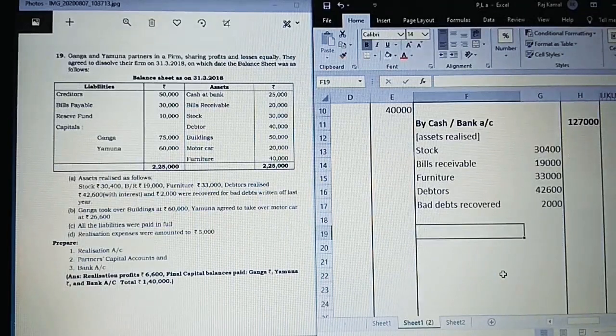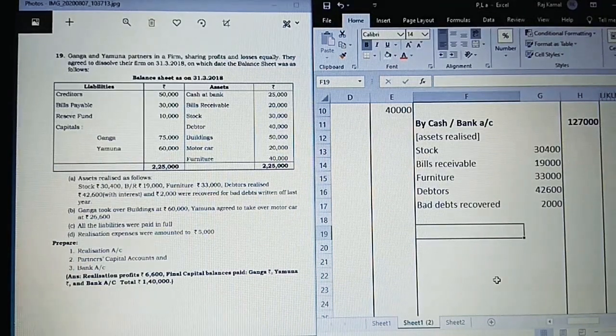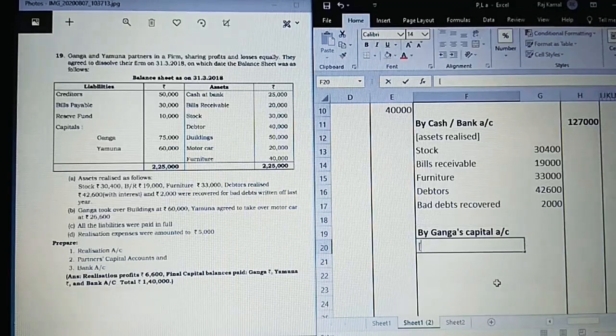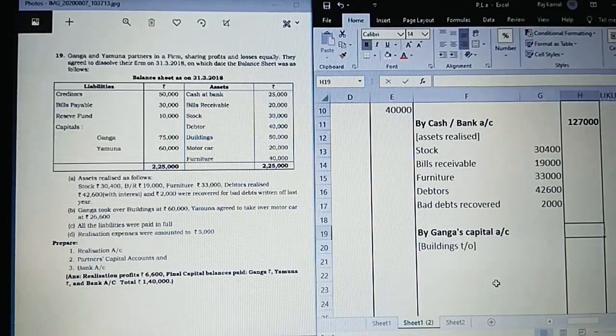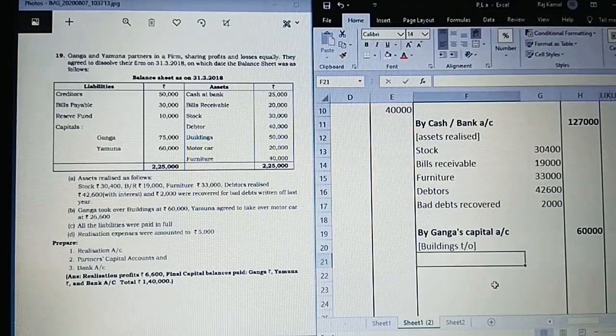Next, second adjustment. Now the partners have taken the assets, by, first is Ganga's capital account. What is taken over by Ganga? Buildings taken over. I'm writing it in short form, but you people have to write it in full form. Okay, next. Who's the next partner?